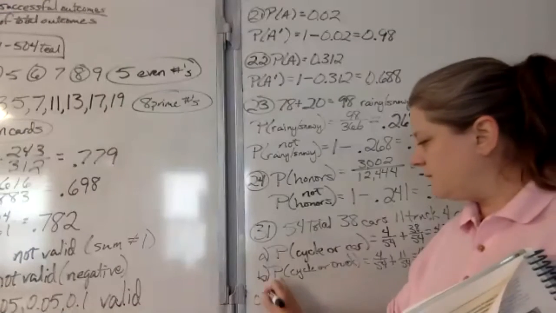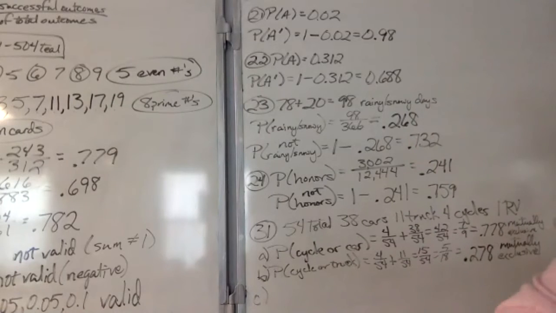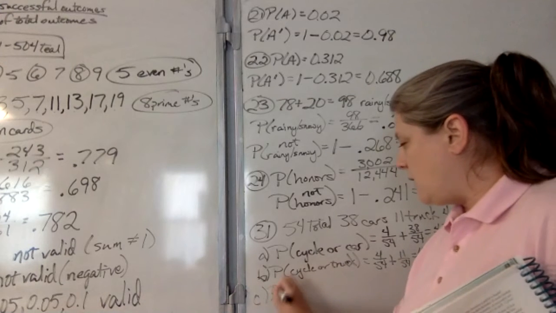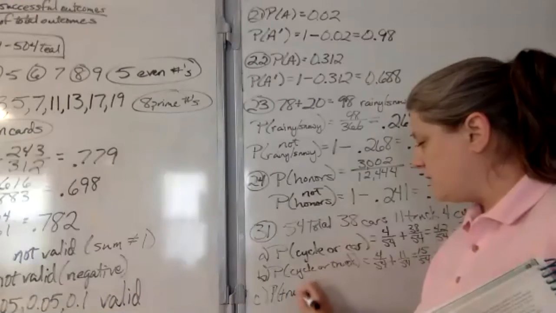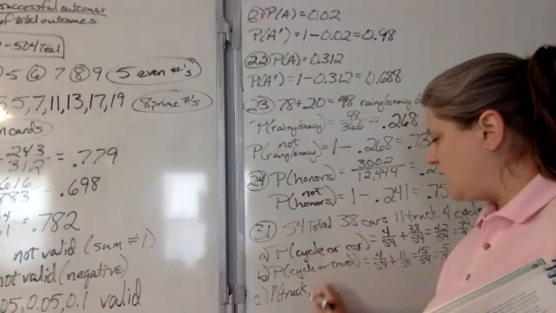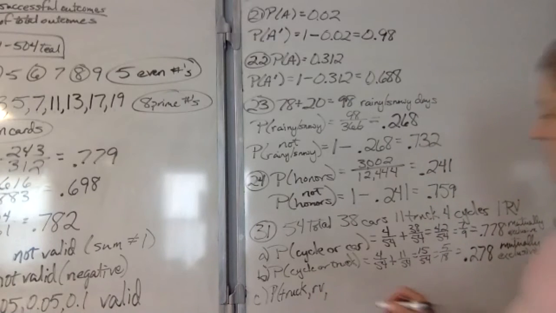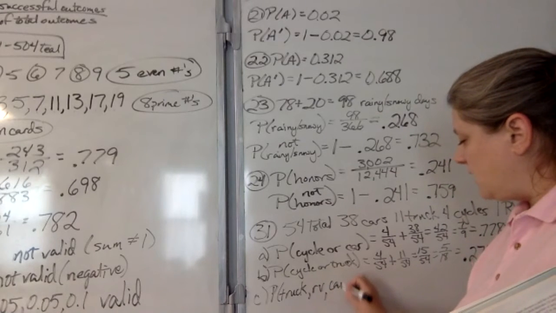Part C says she checks a truck, a motorhome, or a car. So the probability of picking the truck, probability of checking the motorhome, which I'm just calling RV because that's a lot shorter to write, or probability of checking a car.